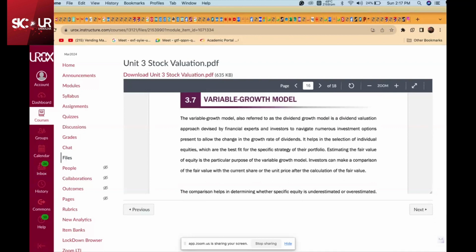It helps in the selection of individual equities that are the best fit for the specific strategies of their portfolio. Estimating the fair value of equity is the particular purpose of the variable growth model.